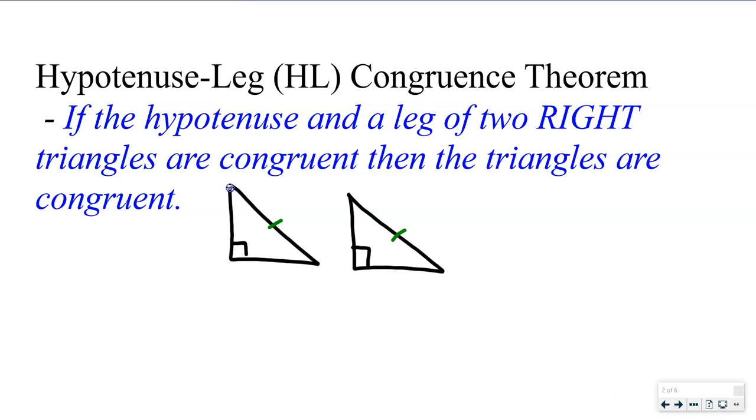So if your hypotenuse and one of your legs are congruent on a right triangle, then your triangles are congruent. So it could have been that bottom side that were congruent or that left side that were congruent. But I need to see that the hypotenuse and the leg.